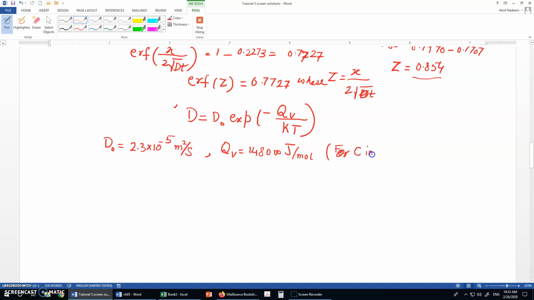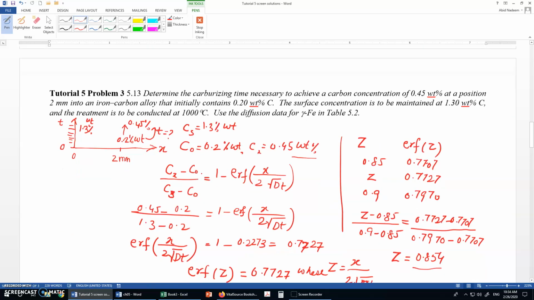If we input these values into this equation, and by the way, R is the gas constant, which is 8.31 joules per mole Kelvin, and T is the temperature, 1000 degrees centigrade.